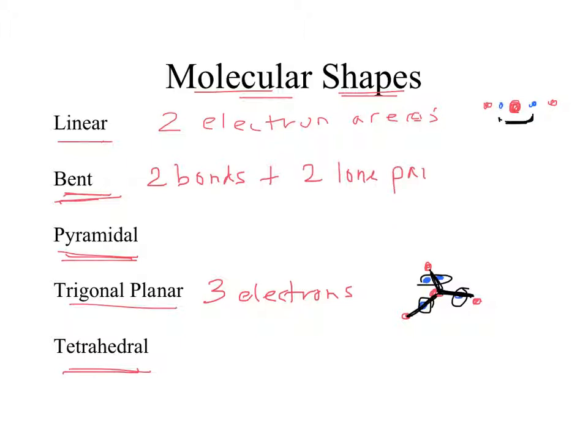So in this shape, you've got your central atom, and your electrons have bonded to something else for 2 of your 4 possible pairs. And then the other ones are just lone pairs up here on top, and so they're forcing this bent shape by their electron repulsiveness. In the pyramidal shape, you've got 3 bonds, and then, of course, 1 lone pair.